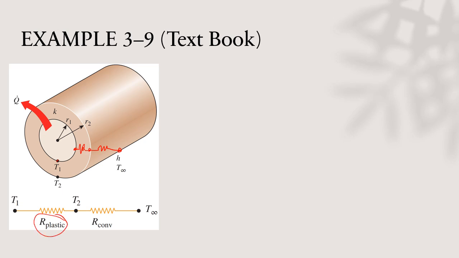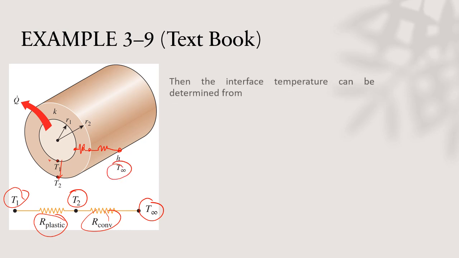So R plastic is conduction and R convection is for the convection at the outer surface of the plastic insulator, from T1 to T2 to T ambient: from T1, the inner surface of the insulation, to T2, the outer surface of the insulation, to T ambient, the surrounding temperature.